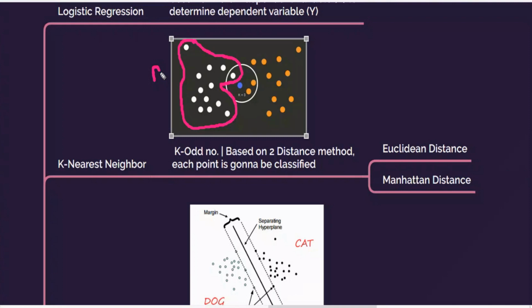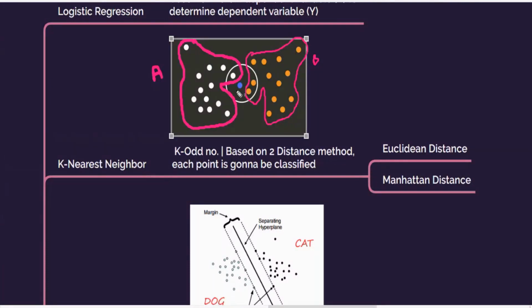For our assumption, I will take it as class A. And these orange-colored dots, I will take as class B. Then it will try to plot one new point in our existing graph.